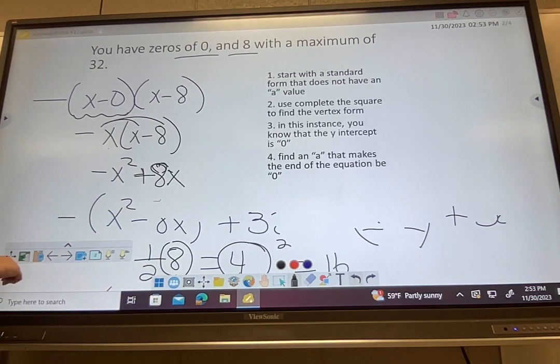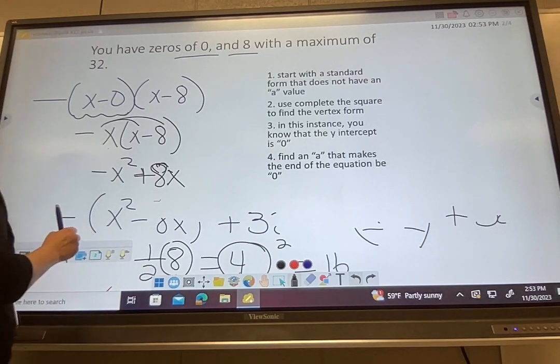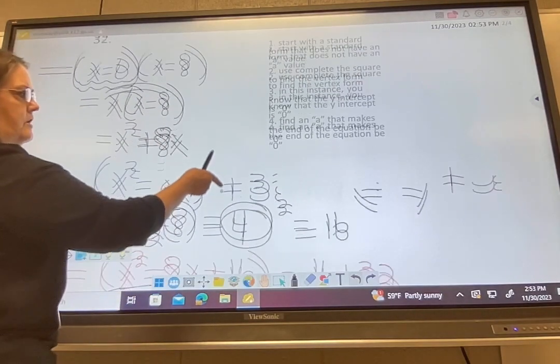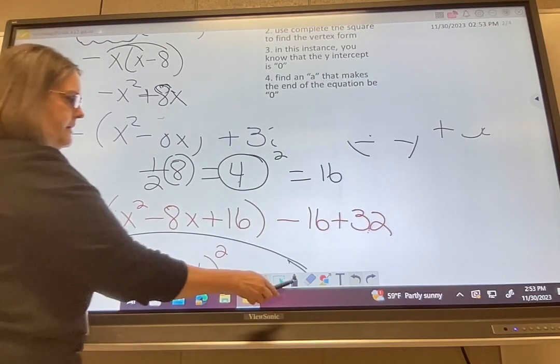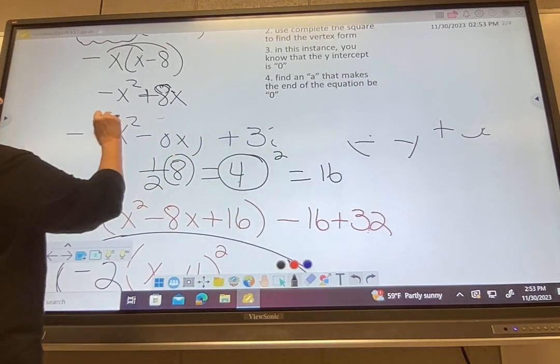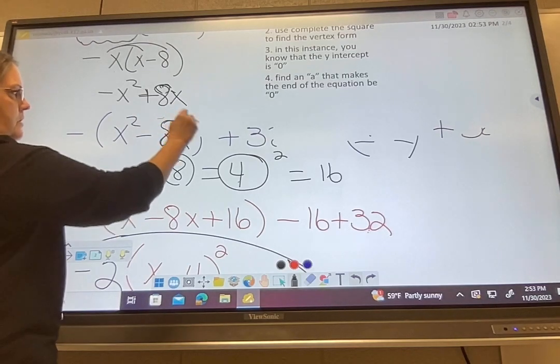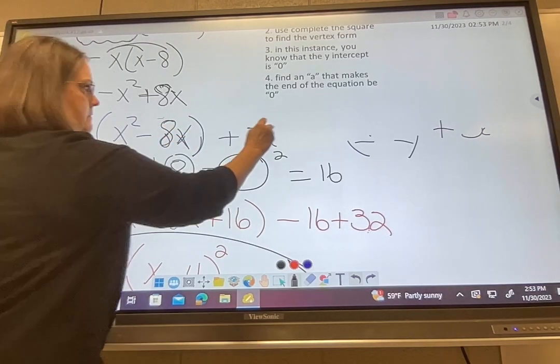Now, I'm not done because I know that I have a maximum of 32. So what I'm going to do is use complete the square that we did earlier in the year to find the rest of it. So I am just rewriting this so that I can do complete the square with it.